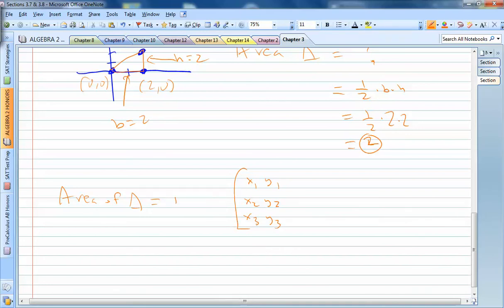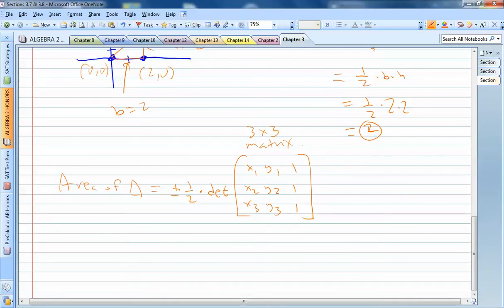It's got to be plus or minus 1/2 times the determinant of this matrix. And the last column will be all ones. So here we have a 3x3 matrix. The 3x3 matrix is designed so that we put in all the x coordinates in the first column, all the y coordinates in the second column, and ones in the third column.